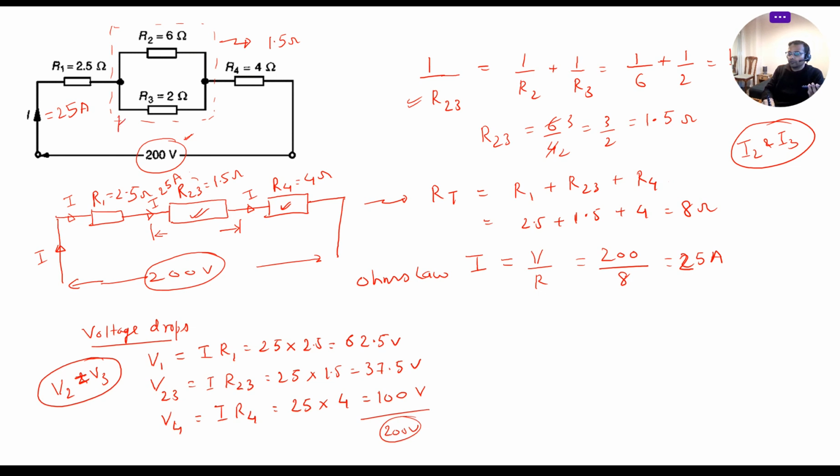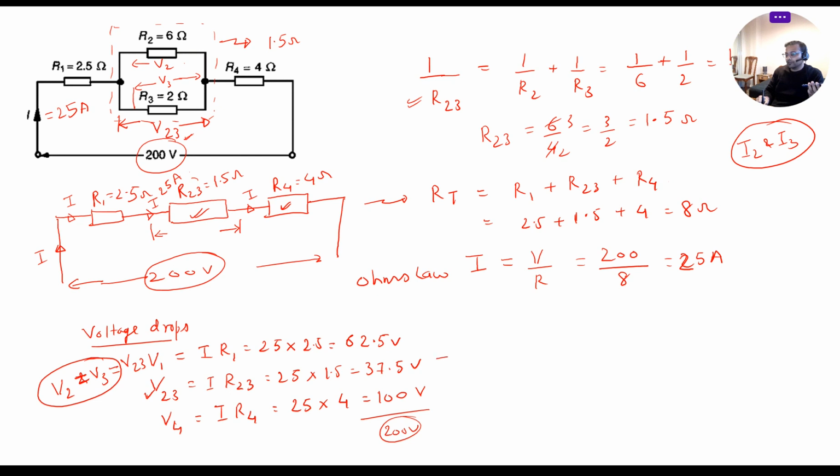So V23 we have calculated. This is the voltage across both the parallel connected resistors, V23. So the voltage drop across R3 and the voltage drop across R2 will be equal to V23.